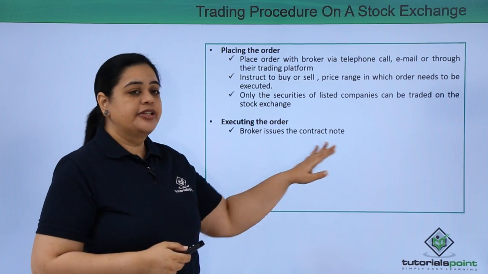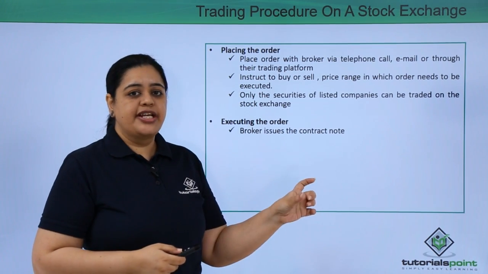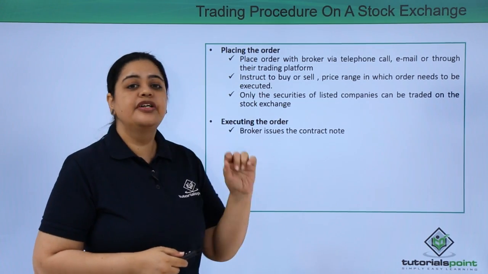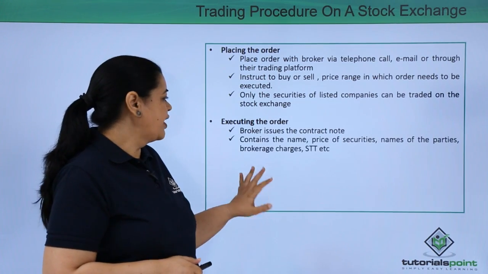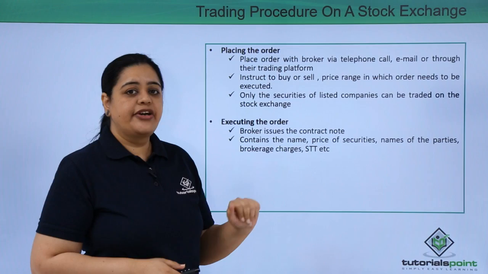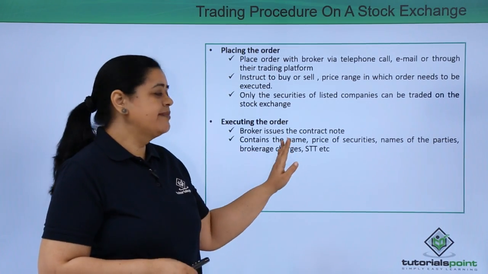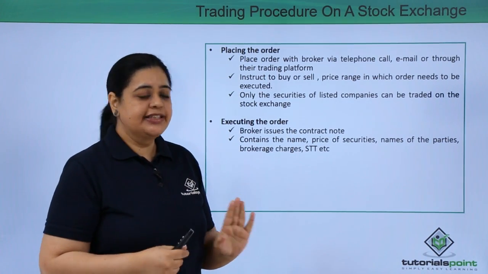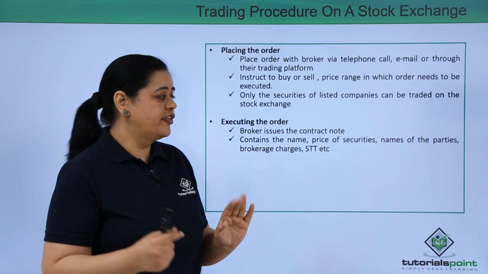Okay, so once the shares are purchased, the brokers would issue you a contract note. Now the contract note will contain the price of the security at which it was bought, the name, so it will say Reliance Industries, price 1400.